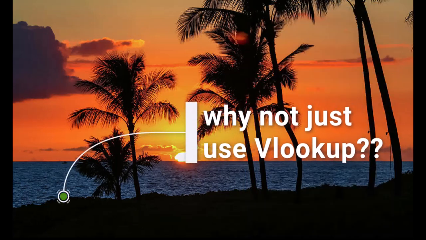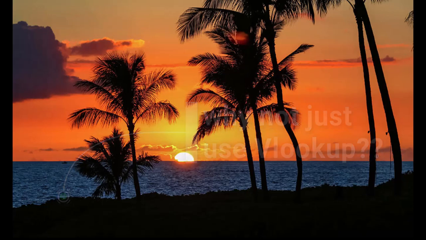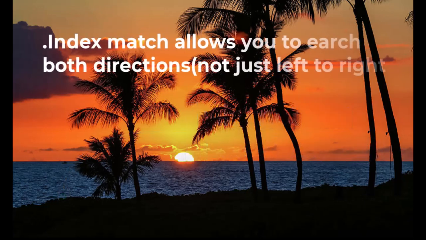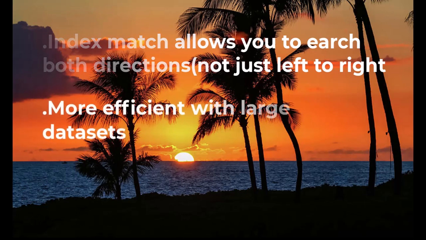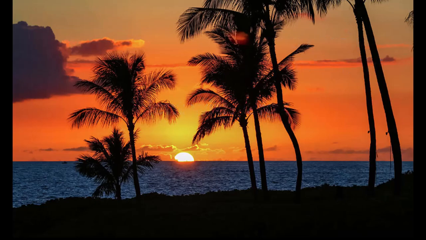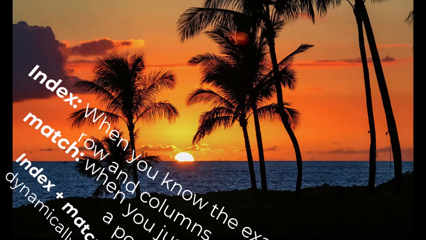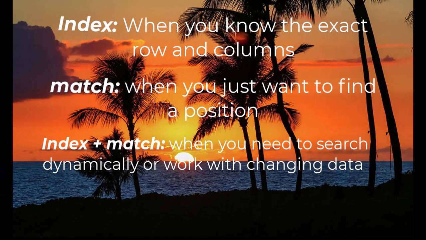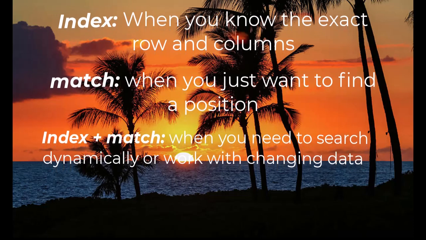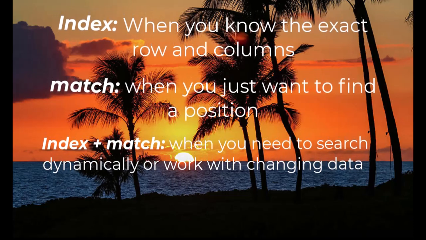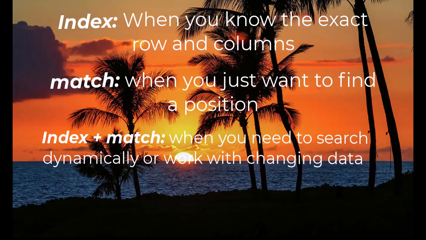Why not just use VLOOKUP? INDEX MATCH allows you to search in both directions, not just left to right, and is more efficient with large datasets. So for a recapitulation of what we explained, we use INDEX when you know the exact row and column.